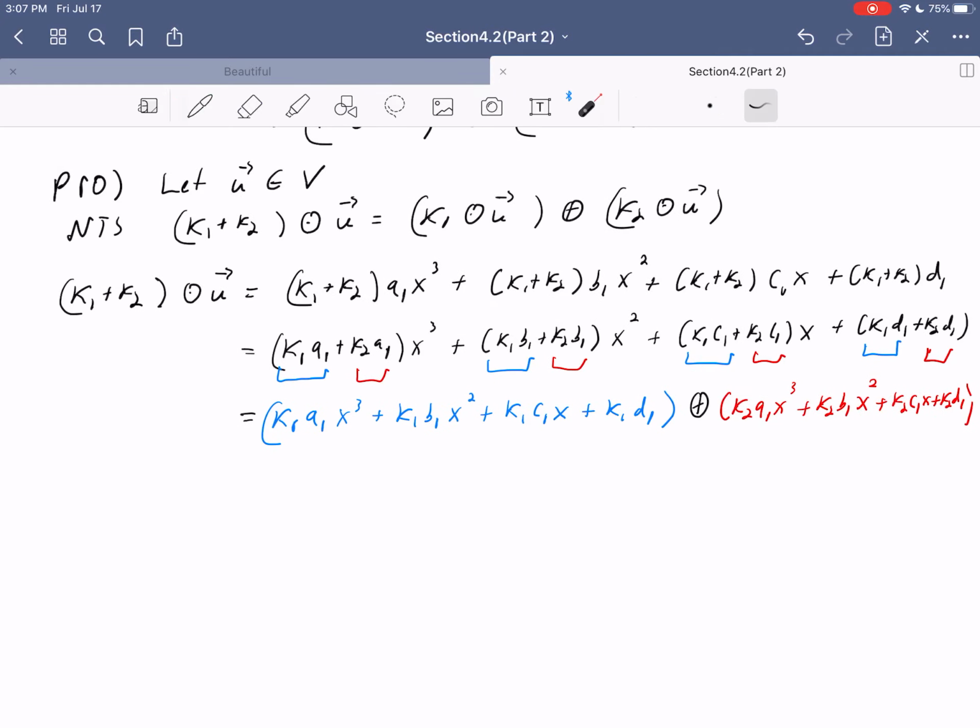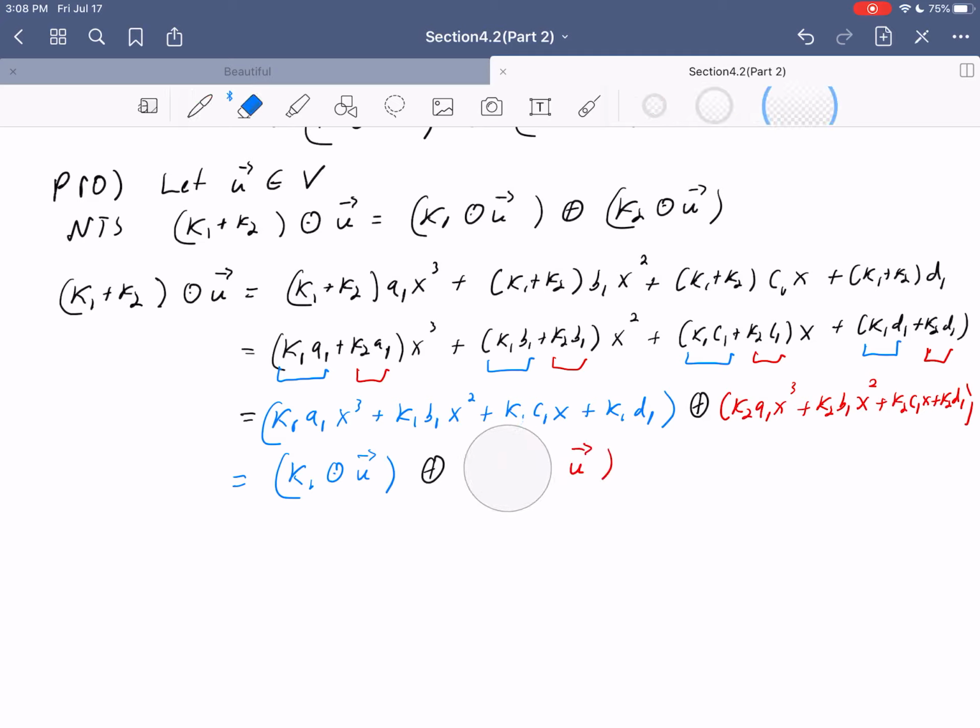Then, of course, all of this is the definition of K1 distributed onto our polynomial. So this is K1 scalar multiplied with u plus, and this, of course, is the definition of K2 scalar multiplied on there. So that's K2 dot u.